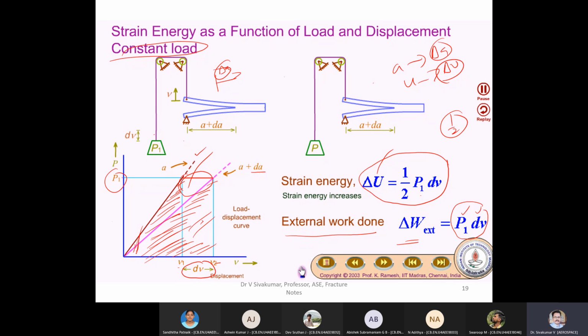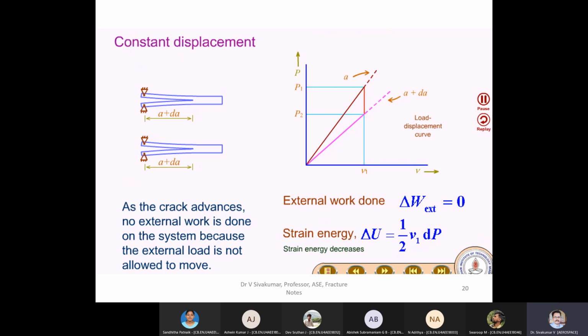Next item, strain energy through constant displacement. Same two specimens, the same way we discussed in the previous slide.